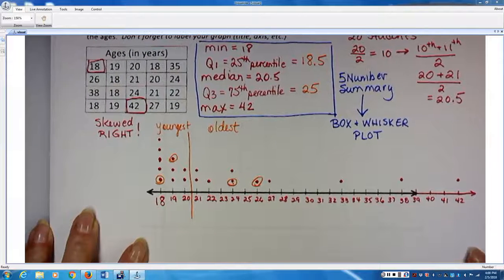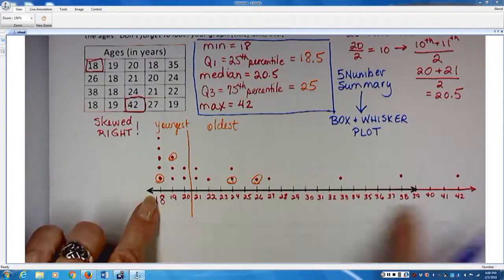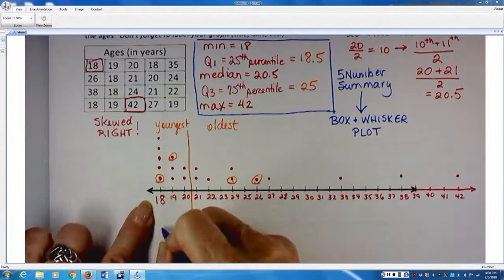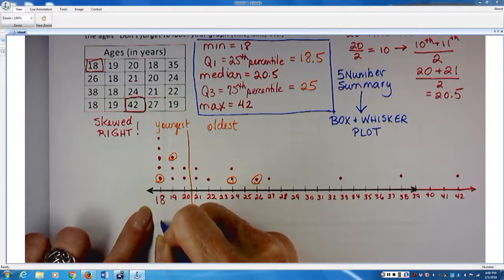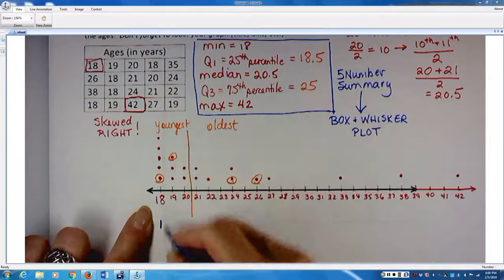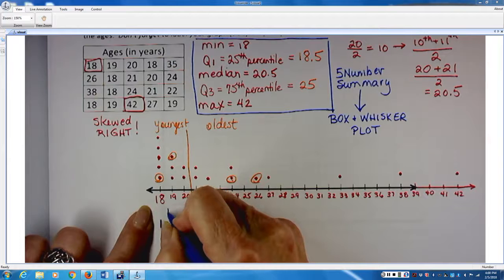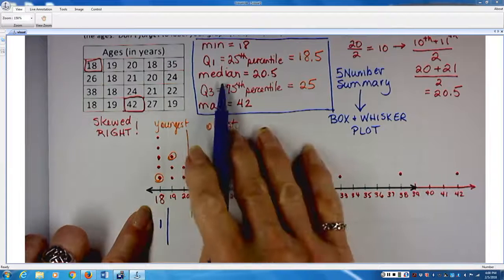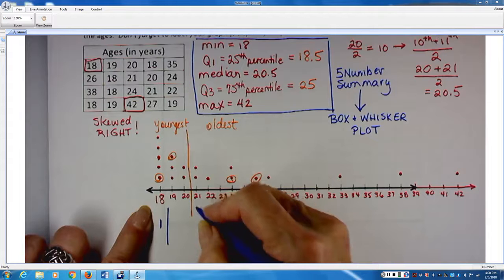and I'm going to use the same axis that I used here, then I would make a mark at my minimum data value, which is 18. One at my 25th percentile, which is 18 and a half. One at the median, which is 20 and a half.